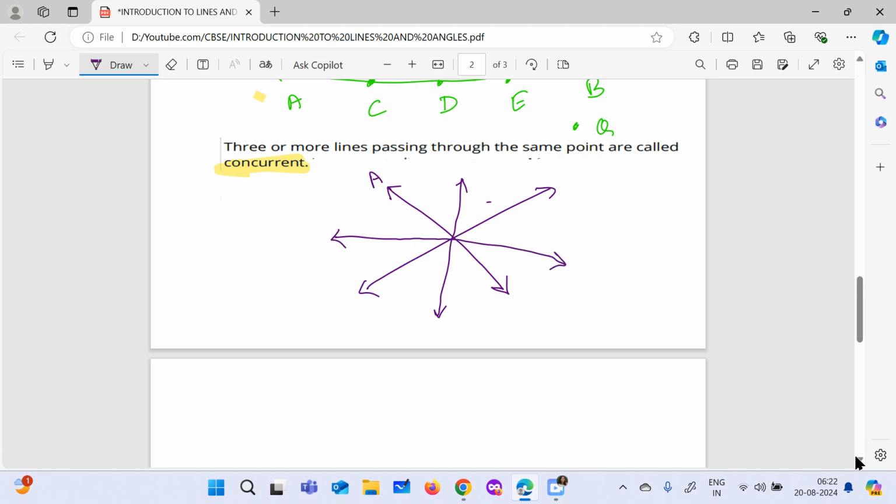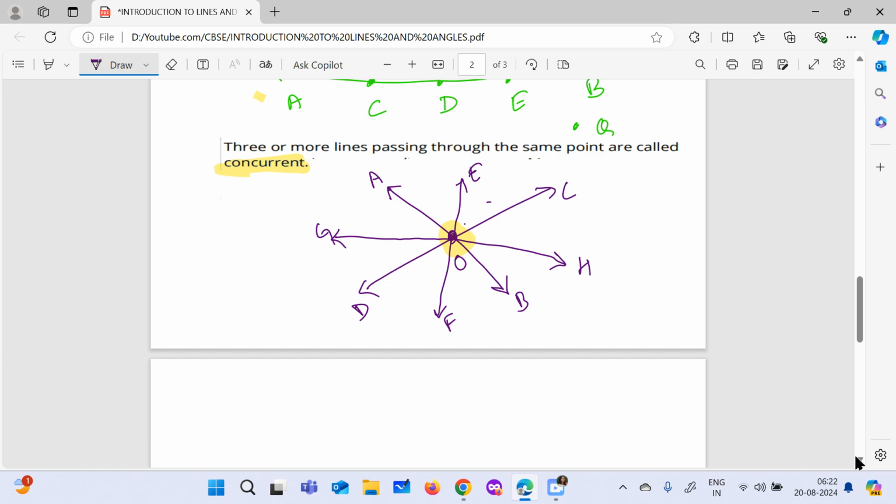Let me mark A, B, C, D, E, F, G, H, and let me mark this point as O. Now you can see that lines A, B, C, D, E, F, G, H all pass through the same point, and that point is O. Such lines which pass through the same point are called concurrent lines.